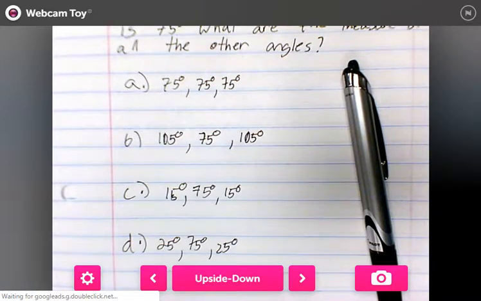B says 105 degrees, 75 degrees, 105 degrees. C says 15 degrees, 75 degrees, 15 degrees. And D says 25 degrees, 75 degrees, 25 degrees.